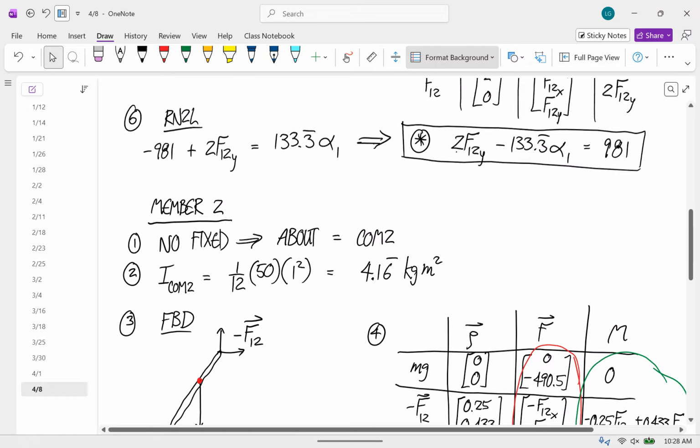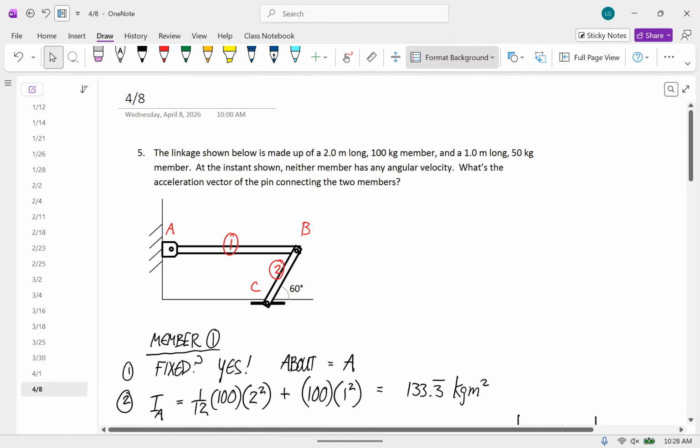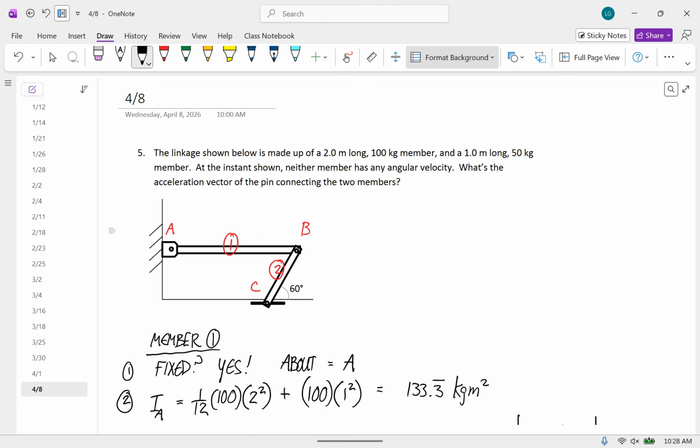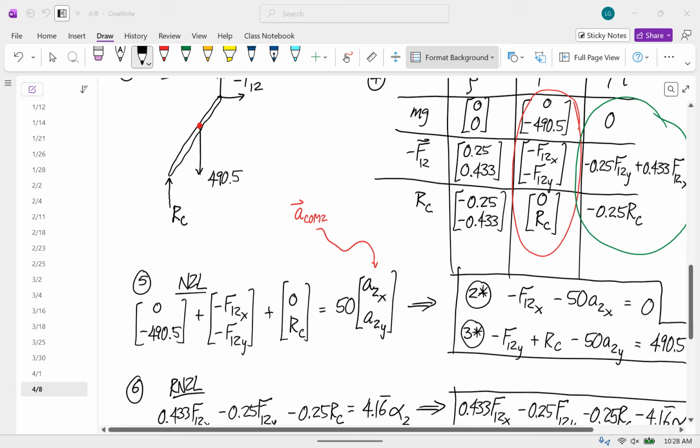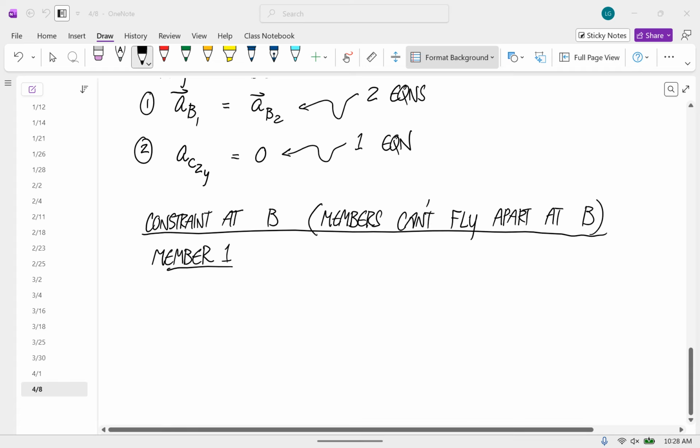So how are we going to calculate the acceleration of B according to member 1? Well, member 1 has a fixed joint, and so B is just in circular motion around that fixed point. Watermelon equation. Yeah, exactly. So all we need is the watermelon equation. We don't need any relative motion equations.